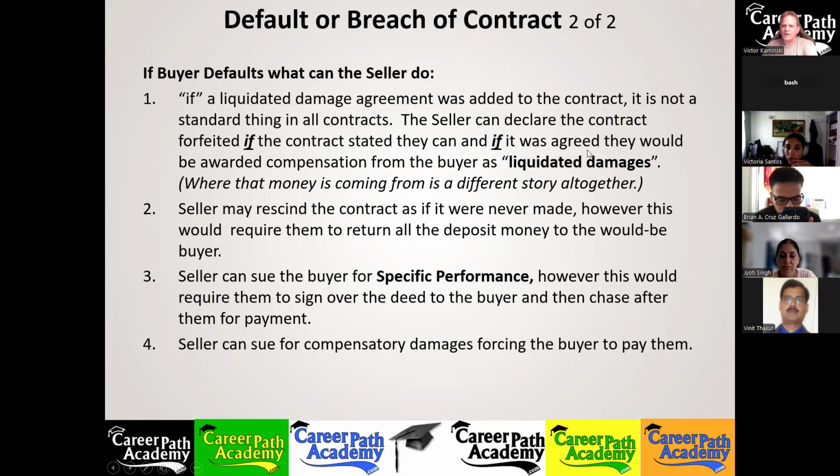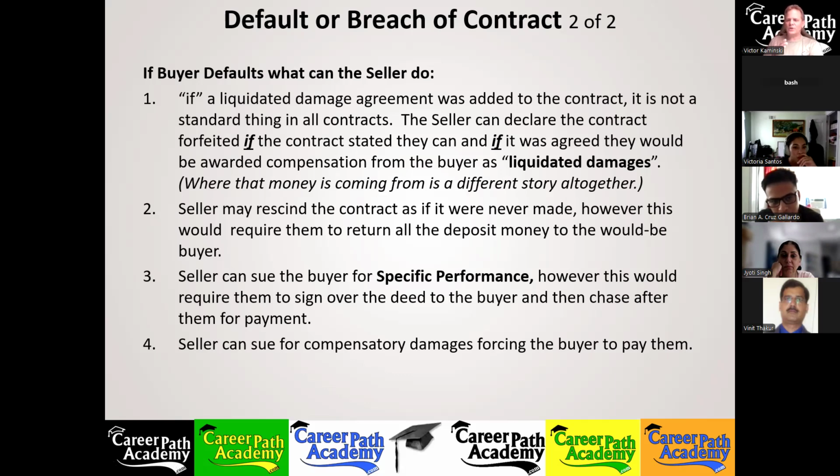And if it was agreed to that they could be awarded compensation from the buyer as liquidated damages. Now, where that money comes from is a different story altogether. That's a different issue.